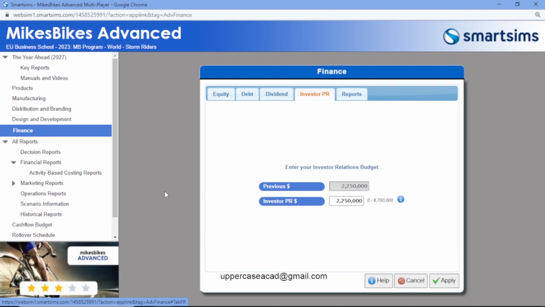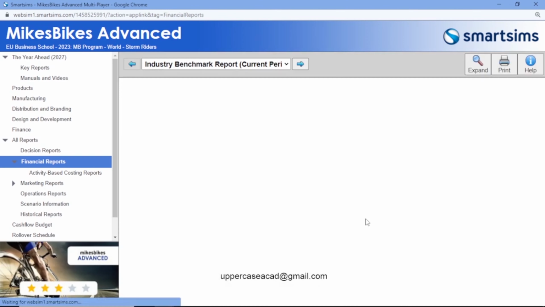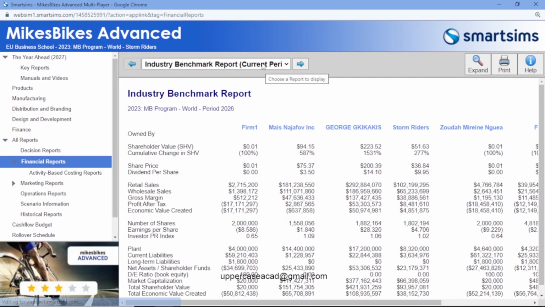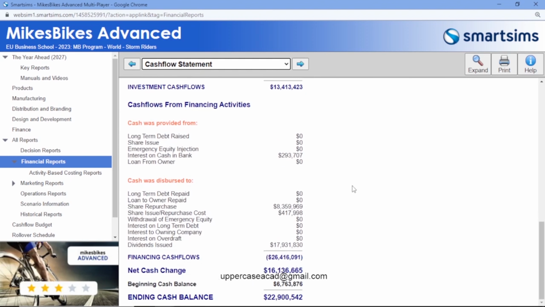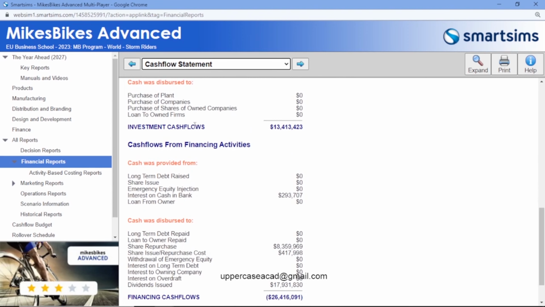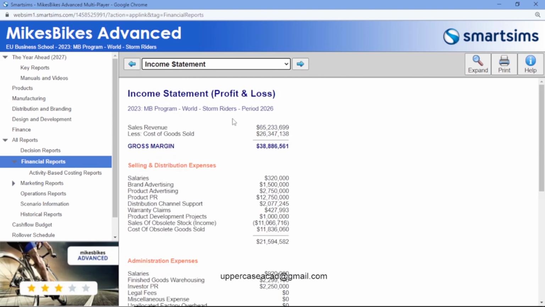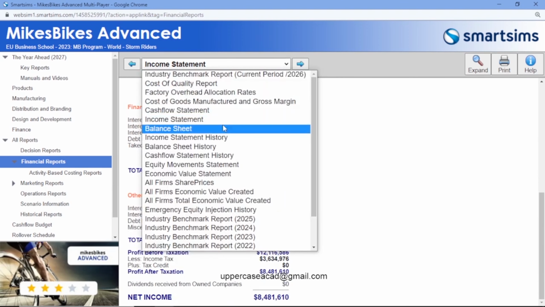To determine your financial position last year, you can check the cash flow. This will give you your financial position, because you can see here my ending cash balance is 22 million. You also have these other finance reports, like the income statement, which you can see here, and the balance sheet.